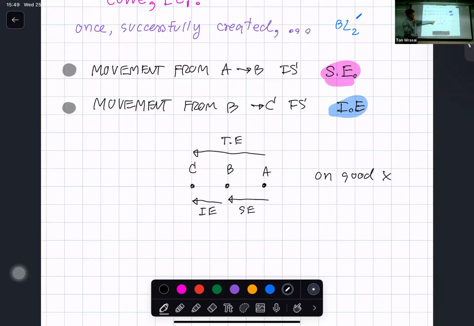On good X, we see this arrangement of the points C, B, A. A to B is SE, B to C is IE. There is no conflict between these two effects. They reinforce him to buy less of good X when the price of good X goes up. One reason is the relative price change, another reason is that he feels poorer. Sum them up together to become the total effect.